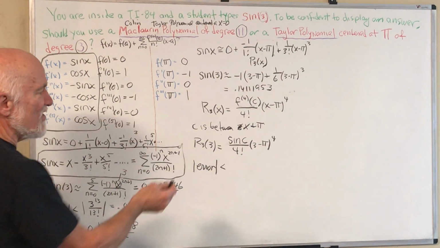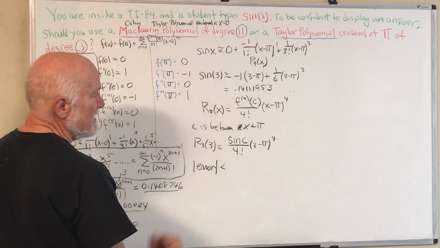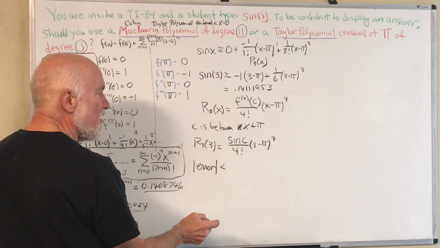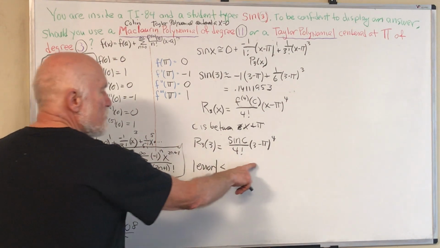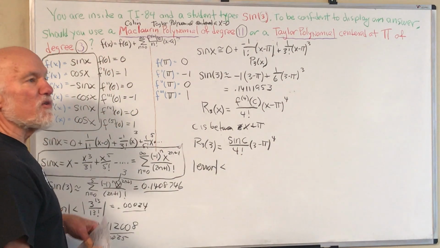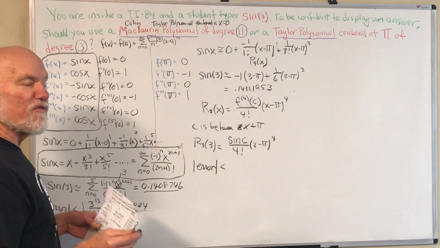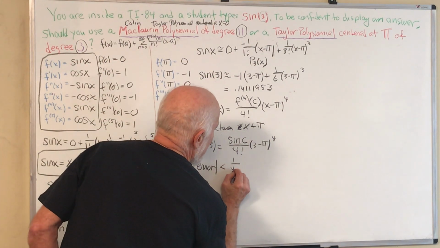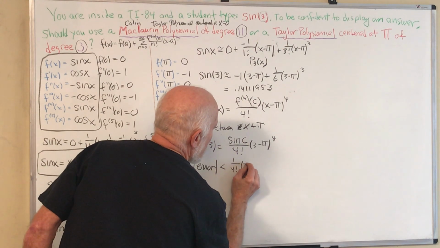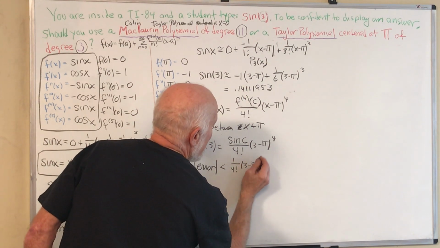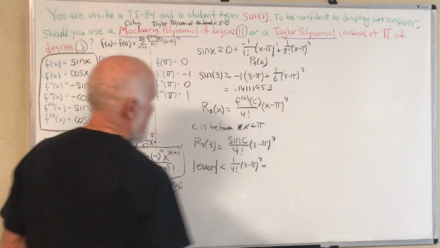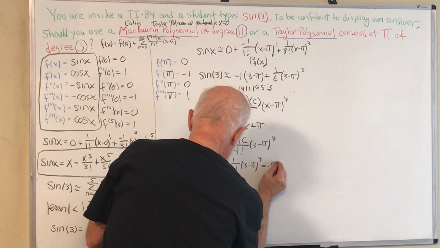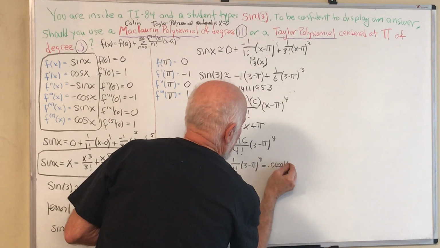So at least we can say the sine function never gets bigger than 1. So we know if we put a 1 here, what we put here as our bound is going to be bigger than the actual error, and that's what we're doing. We're finding an error bound. So we can go 1 over 4 factorial times 3 minus pi to the 4th. And that turns out to be 0.0000167.